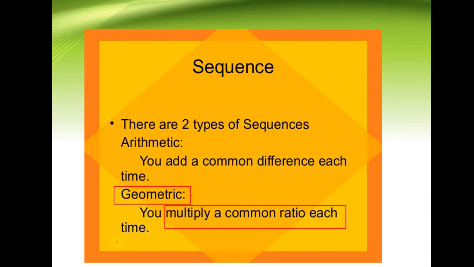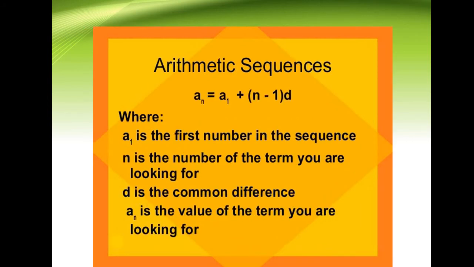While in arithmetic, the number which we add to the term is the common difference, denoted by d. So this was a little bit of further explanation.